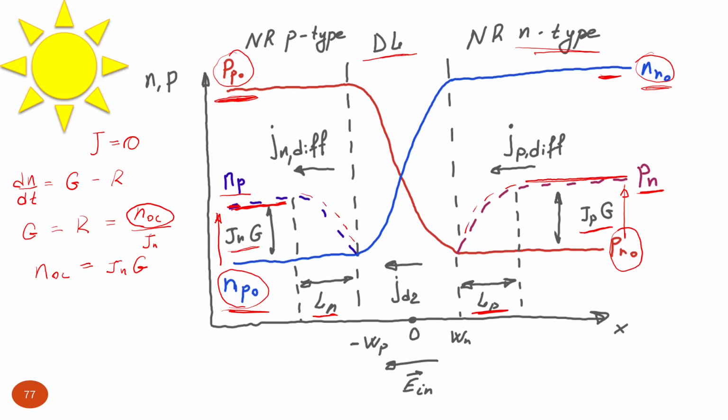Any suggestions why this happens within a distance from the edges of the depletion region of the p-n junction, at the scale of the diffusion length of minority electrons and holes?